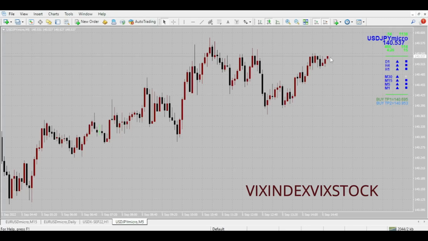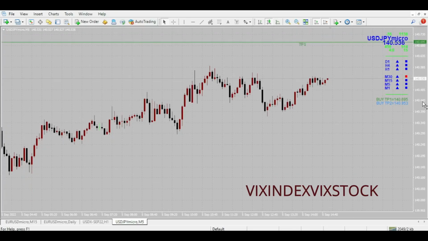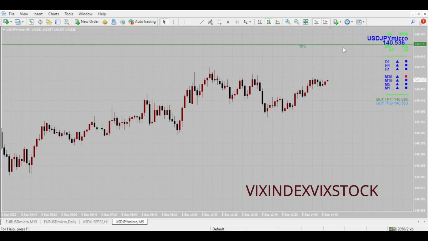There's no guarantee. Nothing is guaranteed in Forex. There is potential that there is momentum that wants to push up to our first TP here. But here we are kind of at a resistance area, that's why you must be a little bit careful.